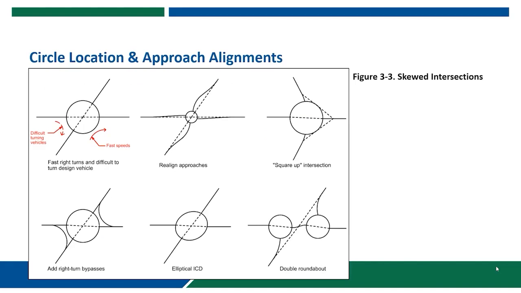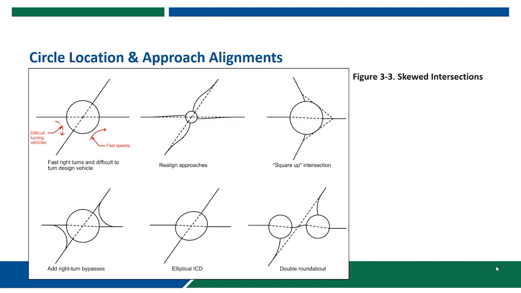Next, we'll turn to several examples of circle location and approach alignments. Skewed intersections can create challenges for roundabout design just the same as they do for other types of traffic control. As illustrated in the figure in the upper left corner, acute angles between approach legs can make it difficult for tractor trailers making right turn movements, while obtuse corners present challenges for speed control for passenger cars.